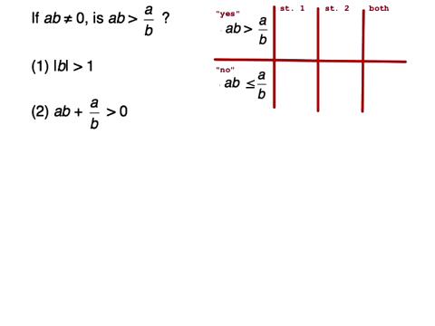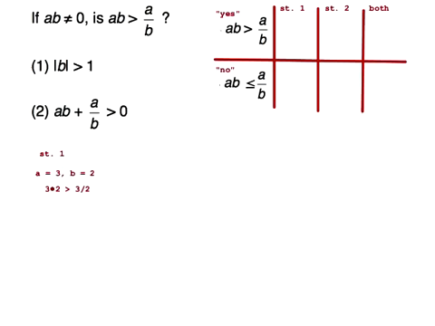Okay, so with statement 1, A can be anything. We noted on the previous page that if you make A negative, it'll just make this backwards. Like if A is 3 and B is 2, then 3 times 2 is greater than 3 over 2. 6 is greater than 1.5.